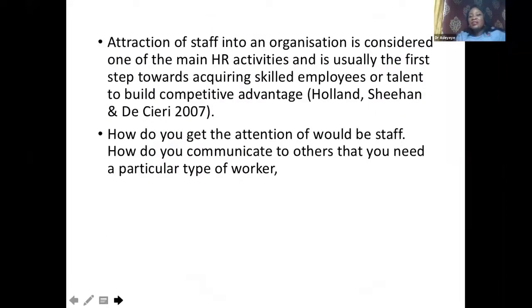Attraction of staff into an organization is considered one of the main HR activities. So we are talking about attraction today. It is usually the right step towards acquiring skilled employees that will help you to build competitive advantage.